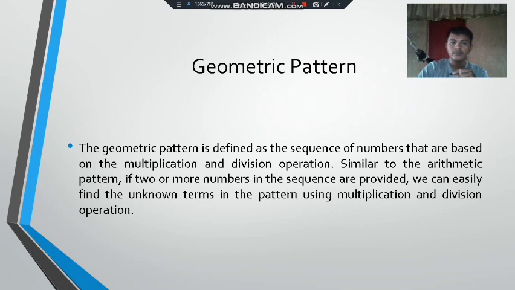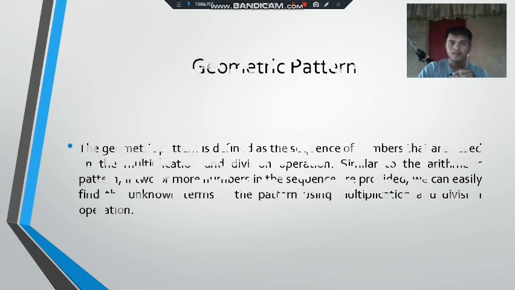Geometric pattern. The geometric pattern is defined as a sequence of numbers that are based on multiplication and division operations. Similar to the arithmetic pattern, if two or more numbers in the sequence are provided, we can easily find the unknown terms in the pattern using multiplication and division. For example, 8, 16, 32, blank, 128, blank.